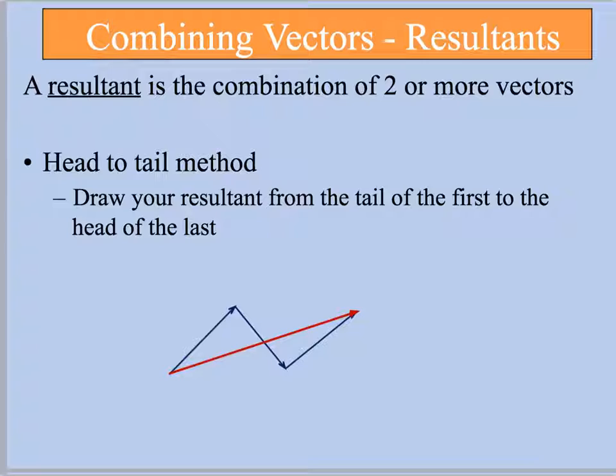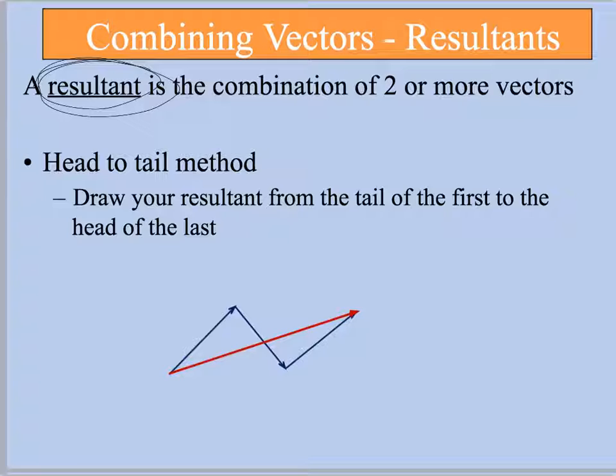Well, from this combining of vectors, we can get what's called the resultant. And the resultant is the combined vector of multiple vectors.